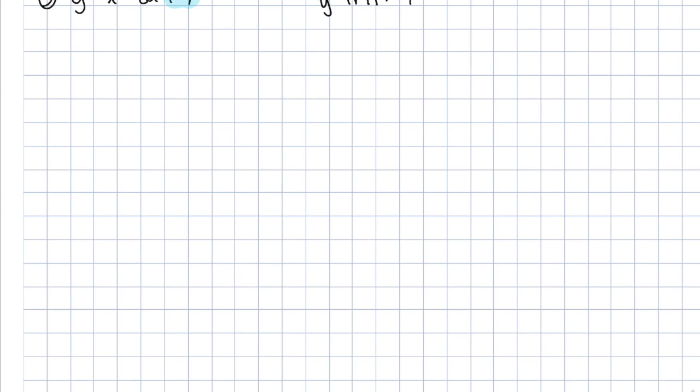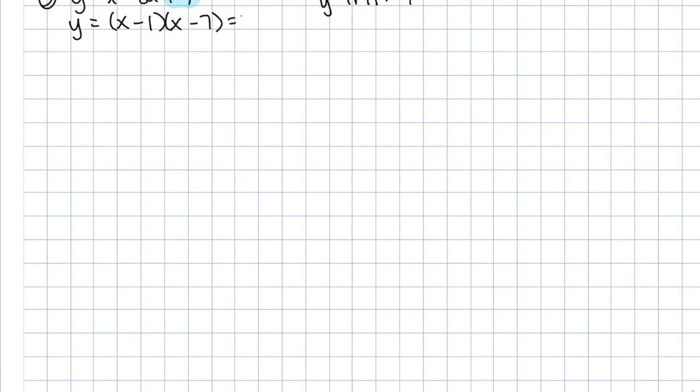But I want to go back to the parent function as much as I can. So I'm going to see if I can factor this. So are there two numbers that multiply to 7 but add to -8? Yeah, -1 and -7. Those would add to -8.